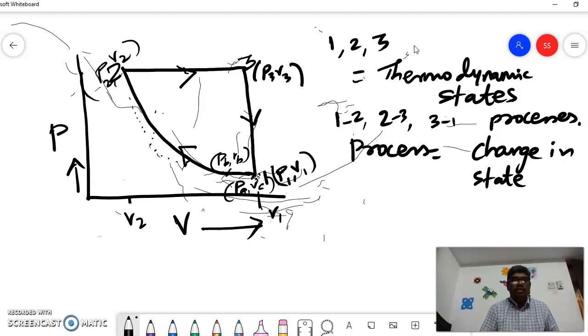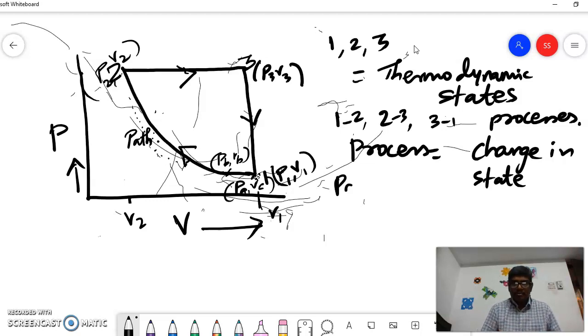So this is called a path. During this path, the nature of the process can be isothermal, which is a constant temperature process, or adiabatic, where entropy may be constant, or it can be a polytropic process.